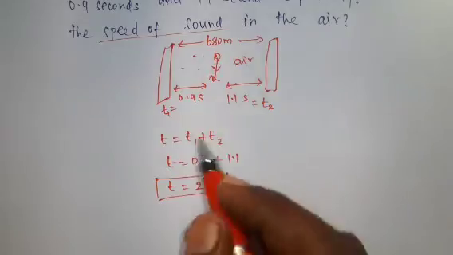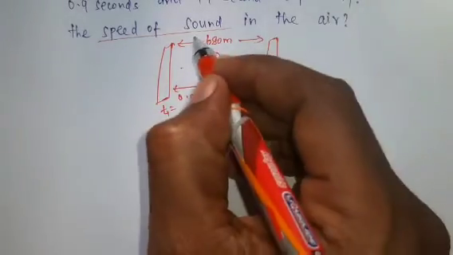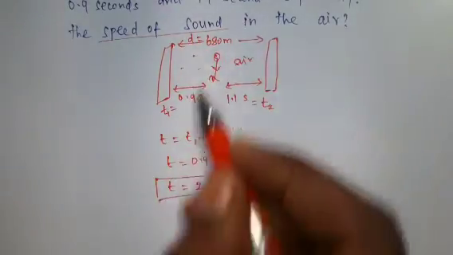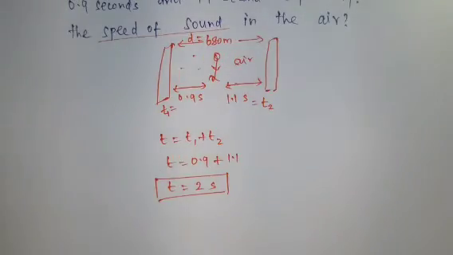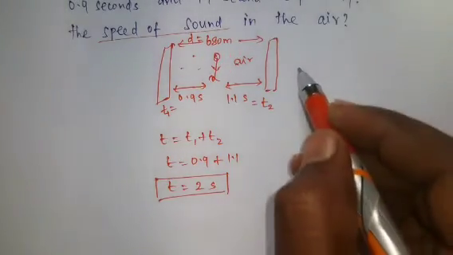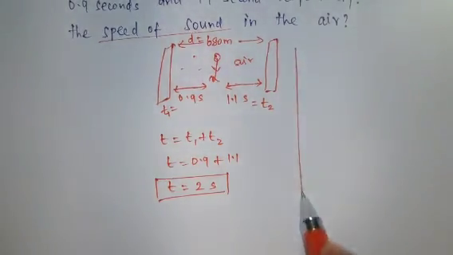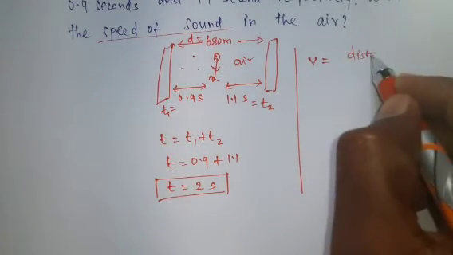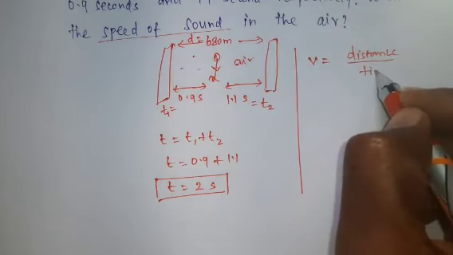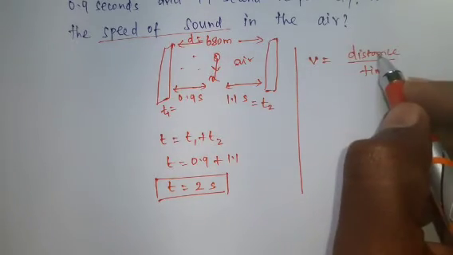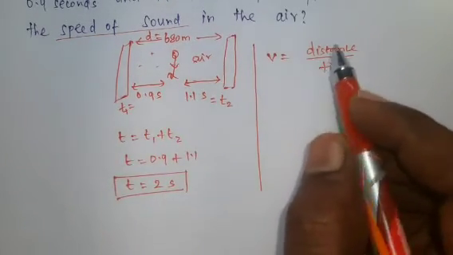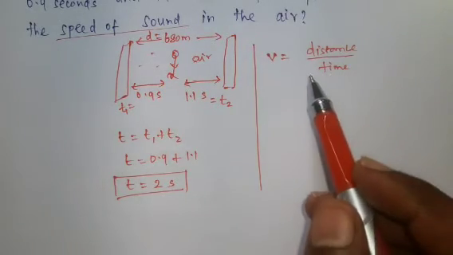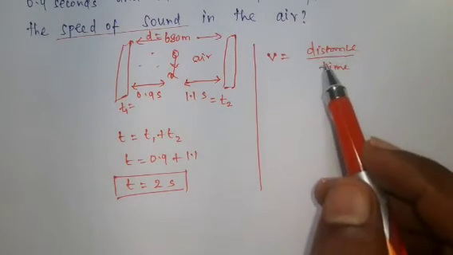The distance given here between the two vertical walls is 680 meter. Now we have to find the speed of the sound wave in the air. We know the speed of sound formula, v is equal to distance by time. Here the distance becomes, for an echo, one distance for transmission, another distance for reception.